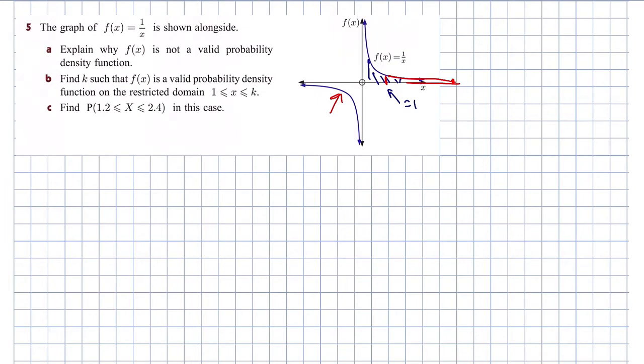But we've been told in the question that we want the domain to go from 1 up to this value k that we're going to have to solve for. So we're going to say, well, I know my function is equal to 1 on x.